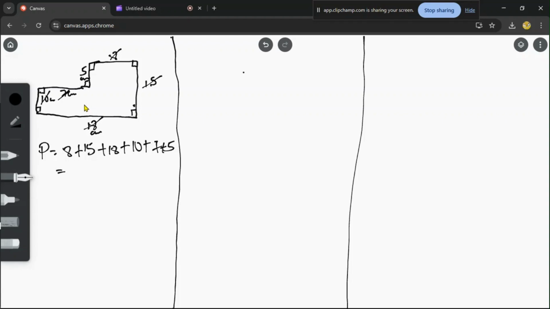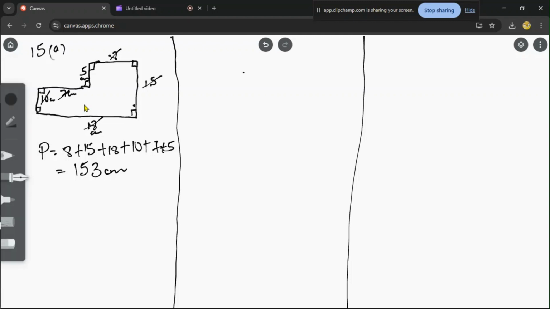If I add all this, and I've calculated the right way, the answer is supposed to be 153 centimeters. This is question 15, number A.